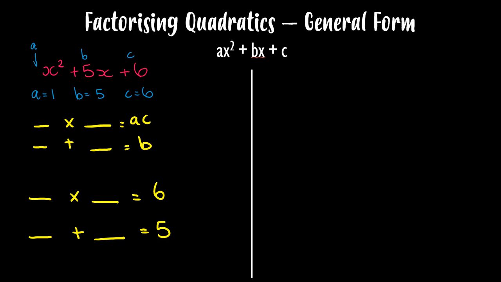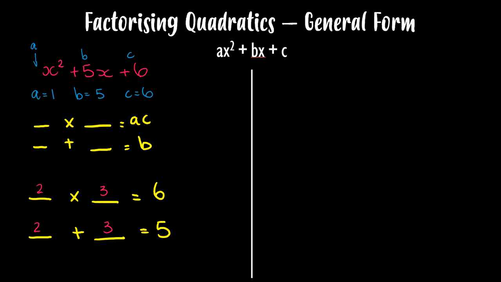So, which two numbers multiply to give 6 and add to 5? This one is obviously pretty straightforward. We know that 2 and 3, 2 multiplied by 3 is 6, and 2 plus 3 is 5.